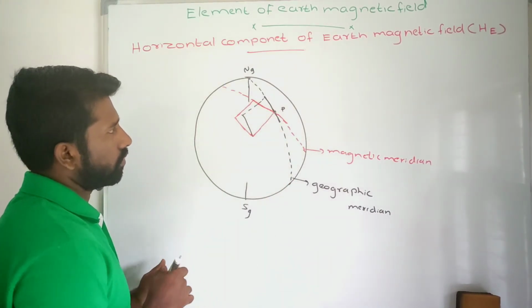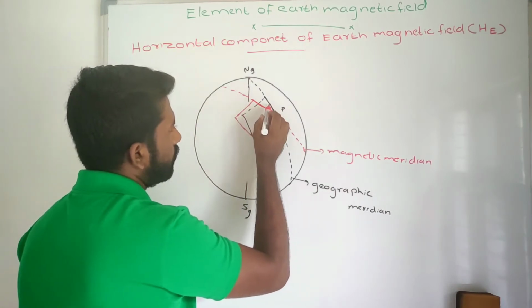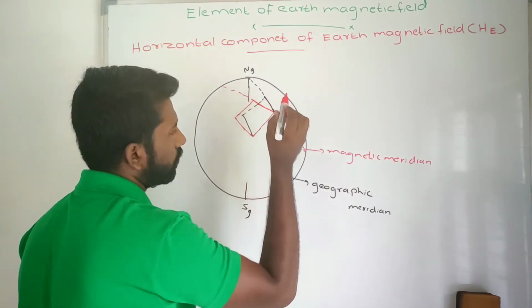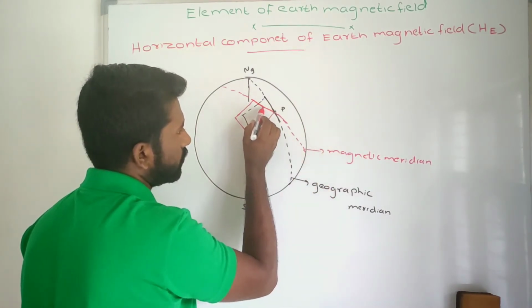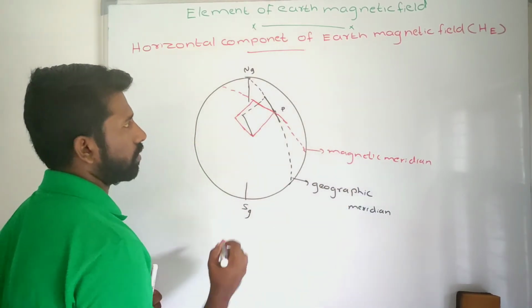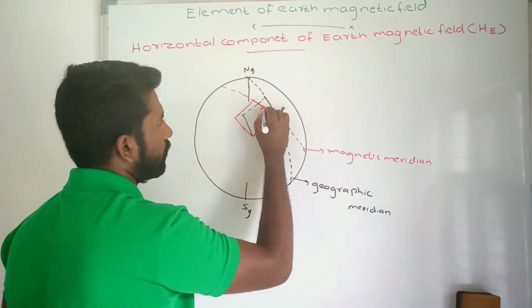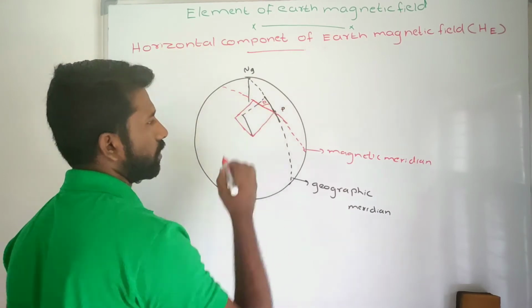Clear? So, look here. This is the tangent on the geographic meridian, and this is the tangent on the magnetic meridian. The angle between these two is the declination.